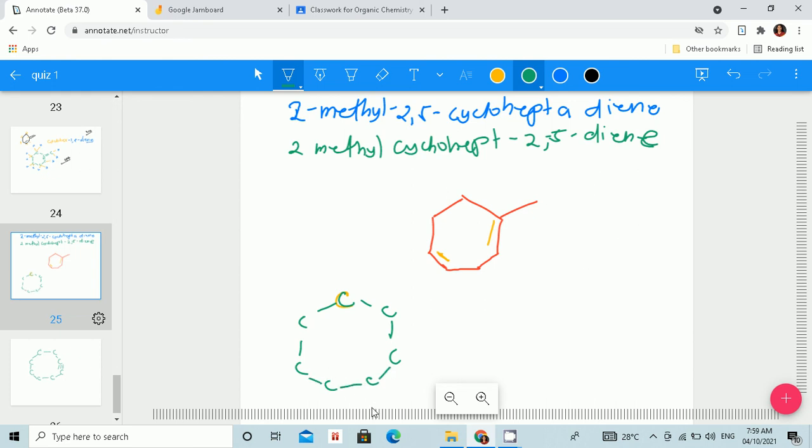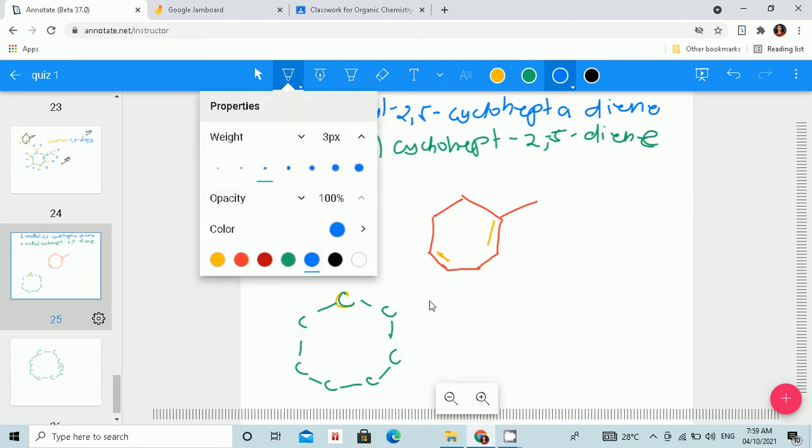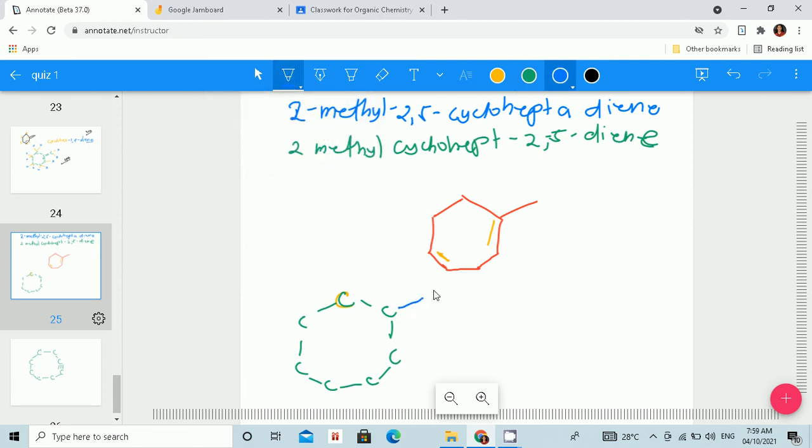Okay, that one. And then we have methyl. Let's put methyl here, and when we have methyl, that is CH3.